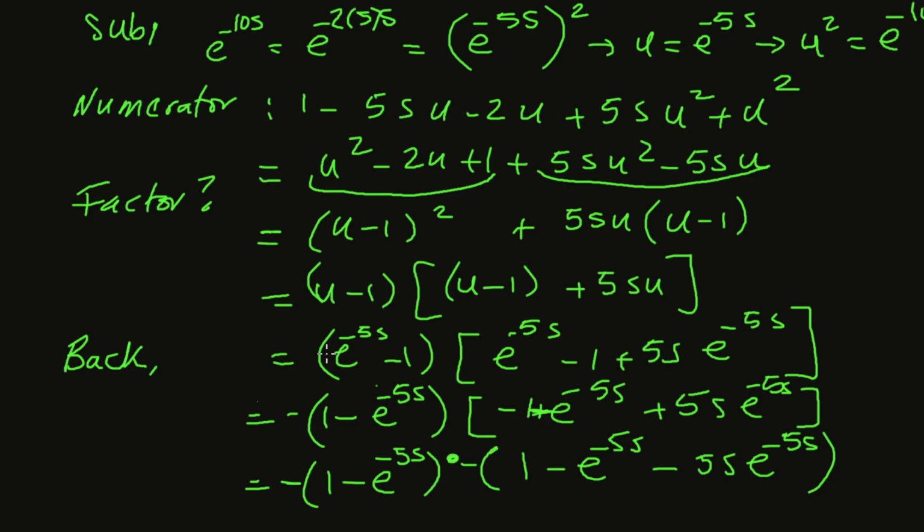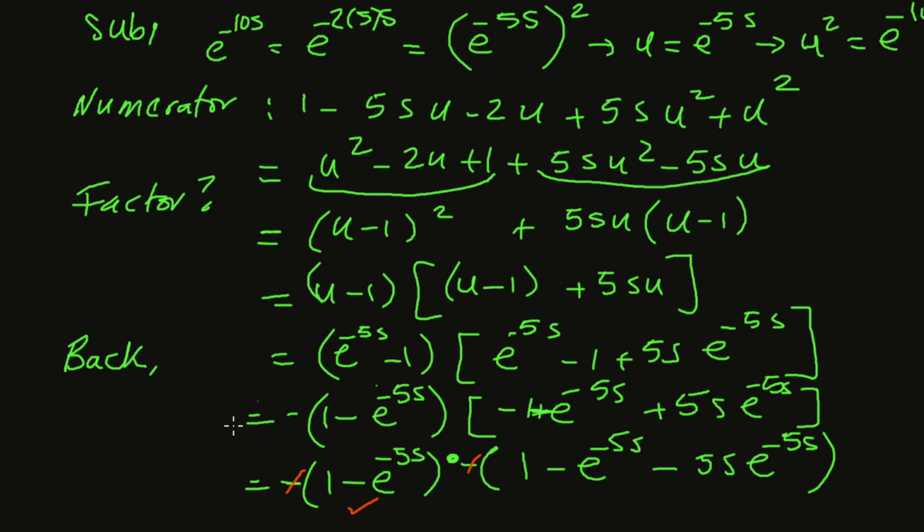I can get rid of them, because negative times negative is positive, and it gives me almost the final form. So these will go away, and I did get the form that I'm expecting to use towards the end.